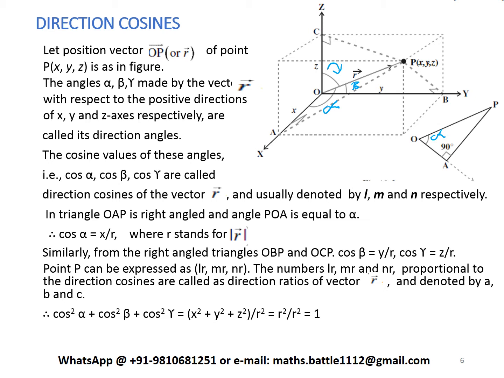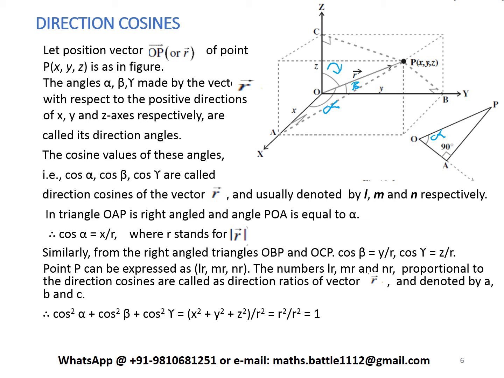Similarly, from the right angle triangles OBP and OCP, cos beta is equal to y upon r and cos gamma is equal to z upon r. Coordinates of point P can be expressed as lr, mr, nr. The numbers lr, mr and nr, proportional to the direction cosines, are called the direction ratios of vector r and denoted by a, b, c respectively.